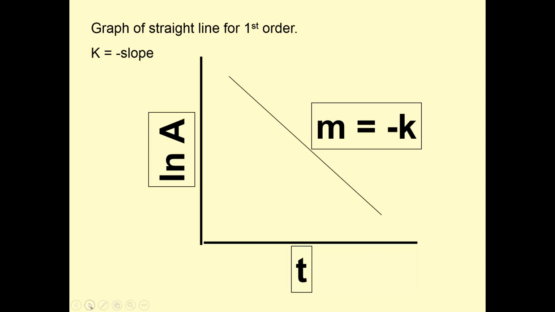So you can expect multiple choice questions like this. And then if I told you that this is ln A versus t, then that tells you that it is first order. For that reaction, yeah, each reaction has its own K.